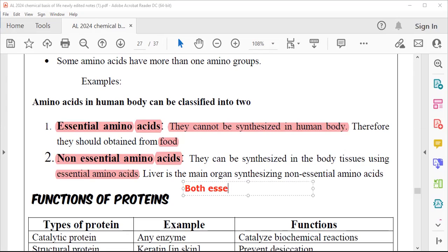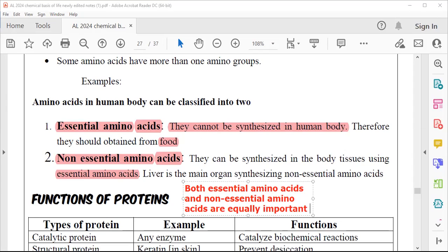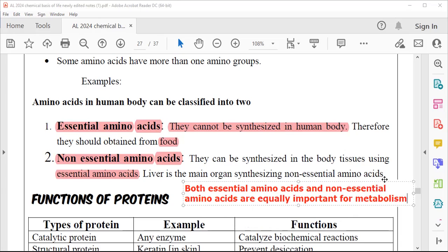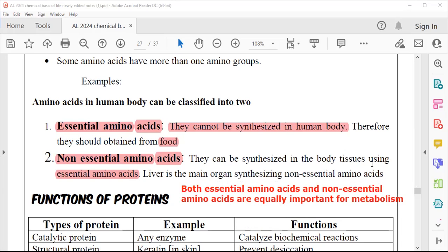And remember, both essential amino acids and non-essential amino acids are equally important for, what is it? Metabolism. Metabolism-wise, we don't divide them as essential and non-essential.